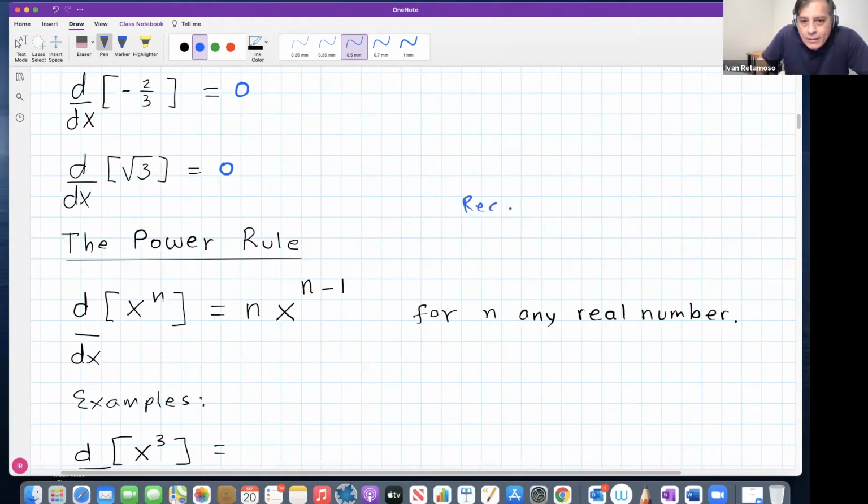Recall in previous lectures, we showed using the definition of derivative that if f of x is equal to x squared, then its derivative, using the definition of derivative via limits, was twice x.